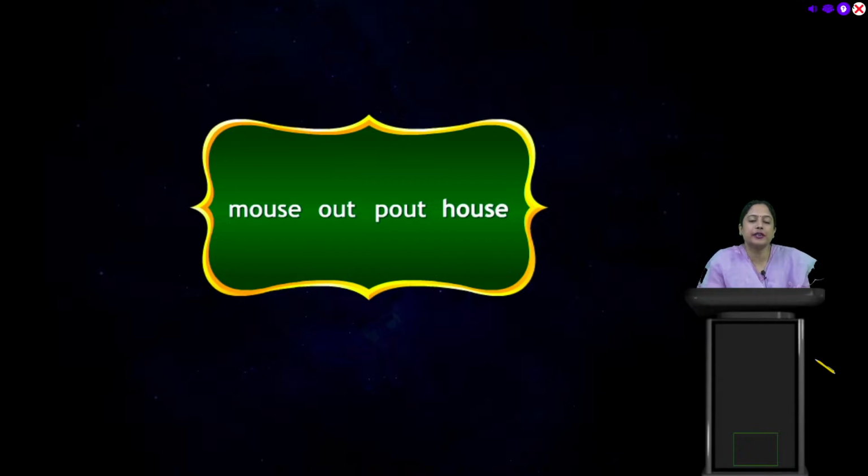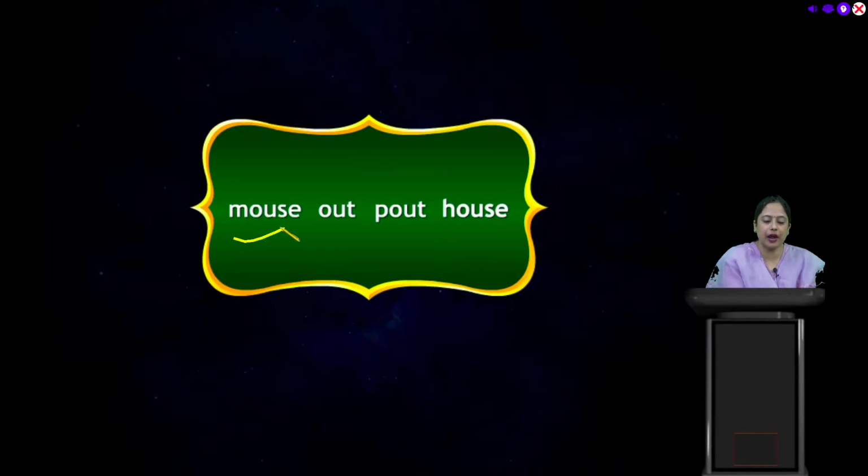In this small poem, we have noticed 4 different words. The words are on your screen. Have a look, everyone. The words are mouse, out, pout, and house.